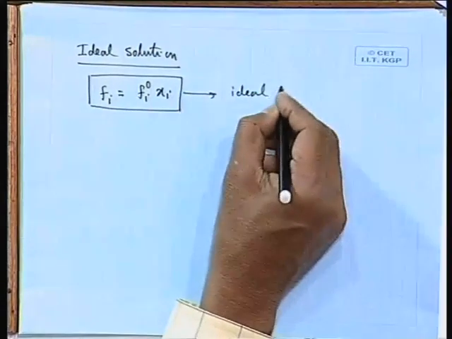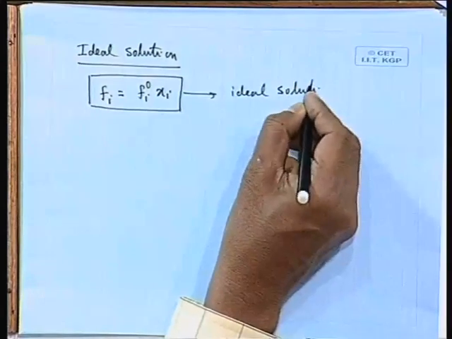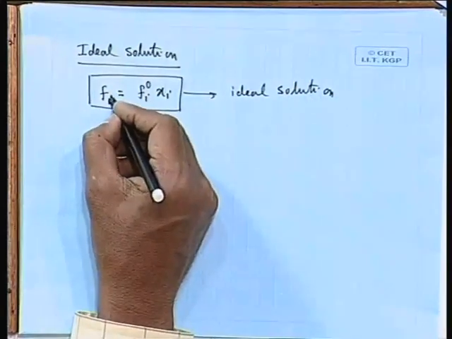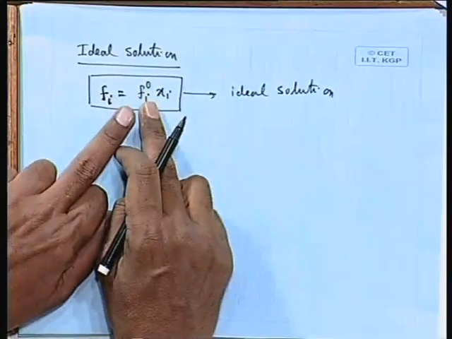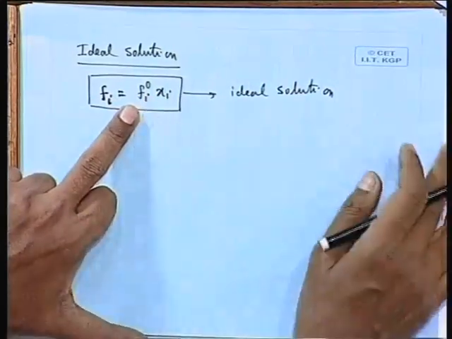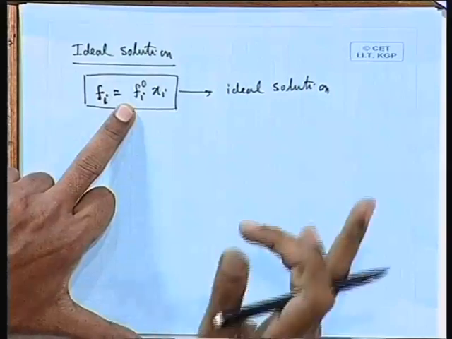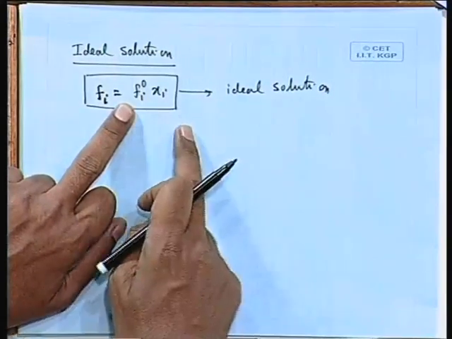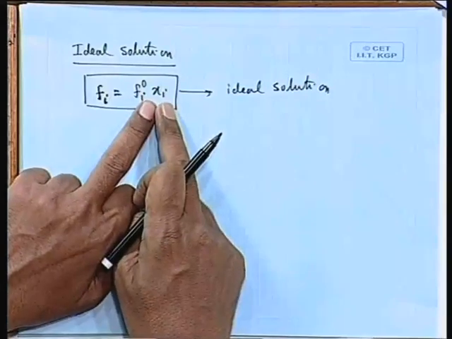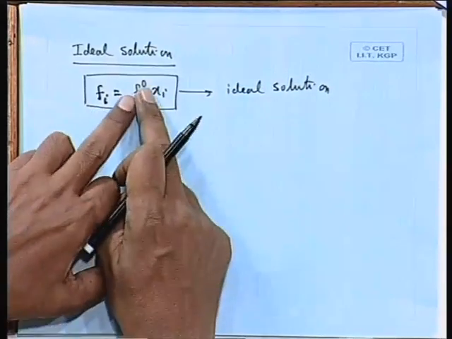Ideal solution means the fugacity of any component in that solution equals the fugacity of that component in the pure state, that means that component as a pure component at the same state as the solution, multiplied by the mole fraction. Fi is Fi0 xi.